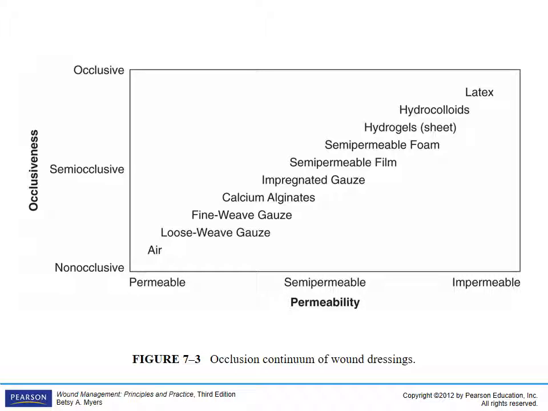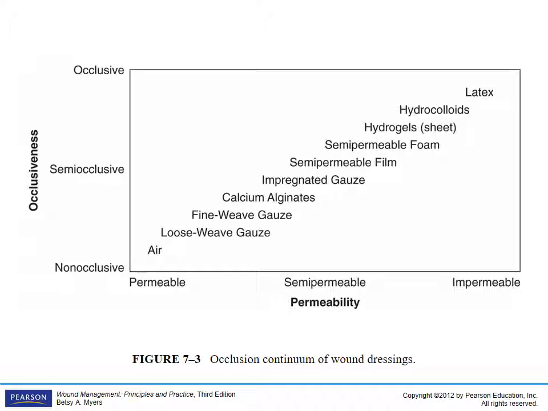So we run from the very left-hand corner, non-occlusive and totally permeable, which is leaving it open to air. Obviously, that's as non-occlusive and as permeable as you can get. And then it goes to loose weave gauze, fine weave gauze, calcium alginates, and it goes up the chain. So what you can see here is the most occlusive and the most impermeable dressing would be latex.